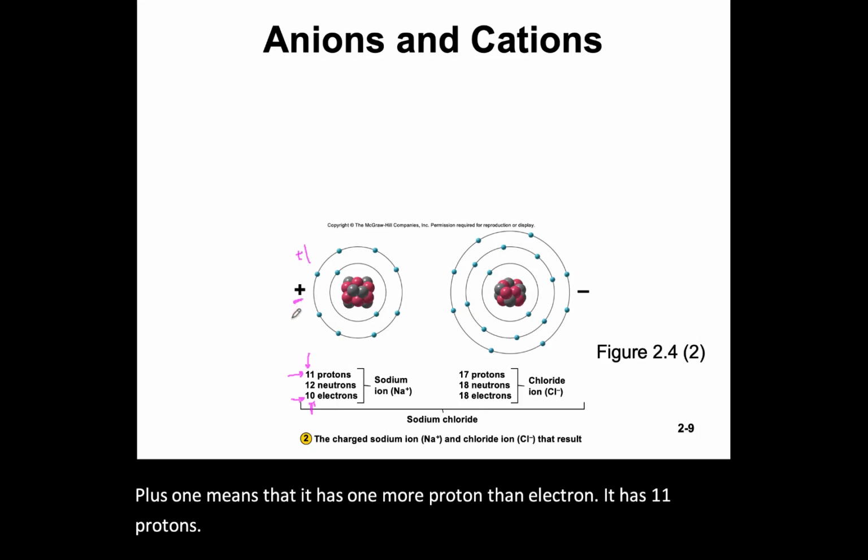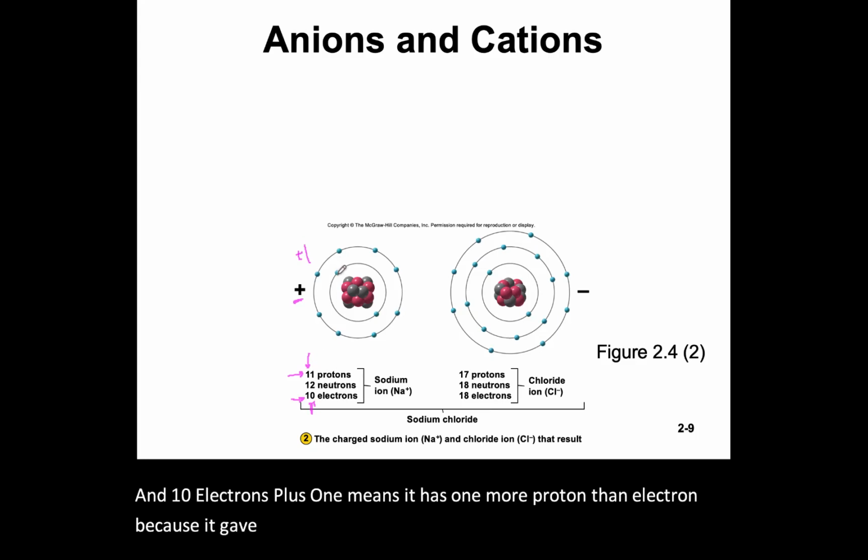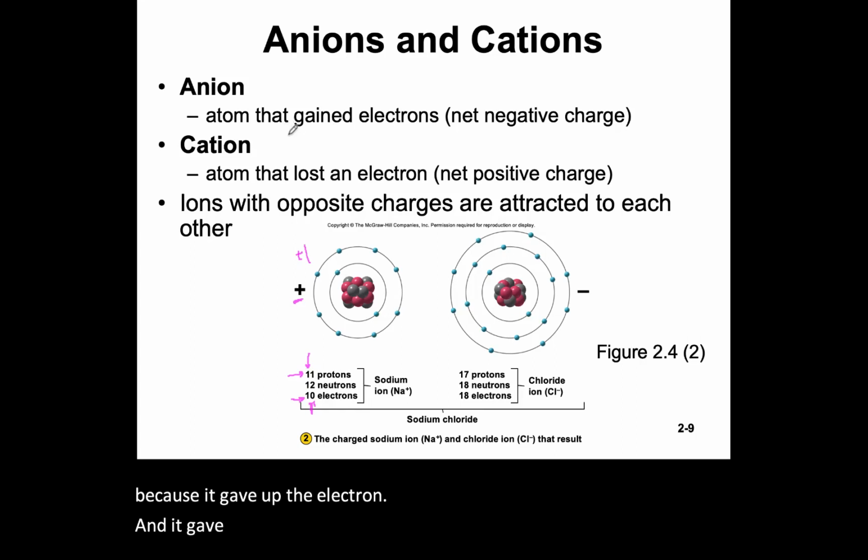That plus 1 means it has one more proton than electron because it gave up the electron. And it gave that electron up and created a cation, which has a net positive charge. There's the net positive charge.